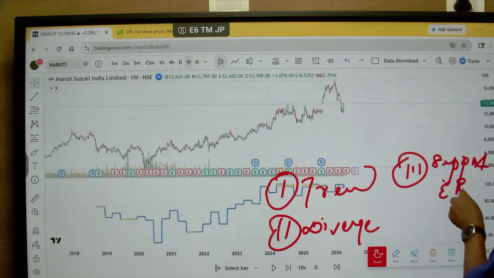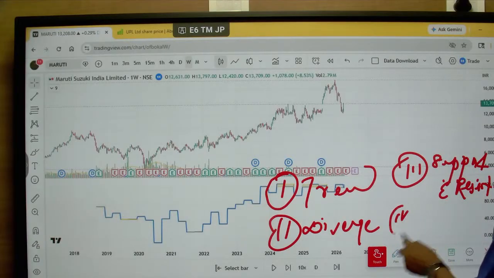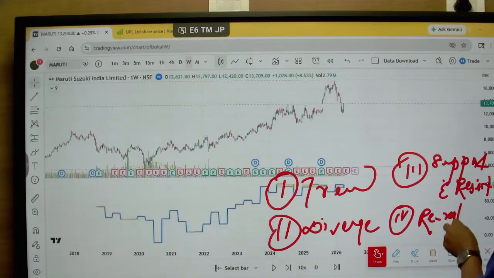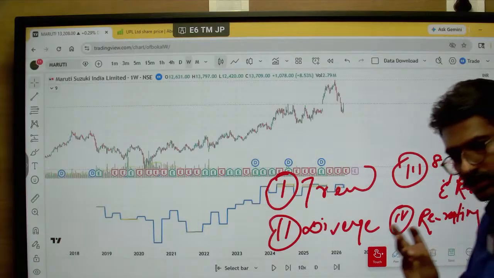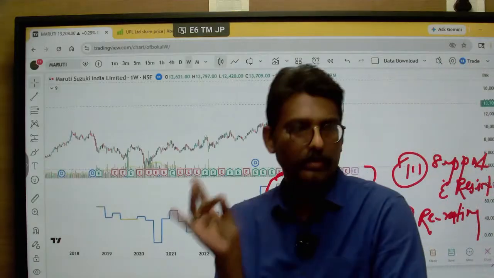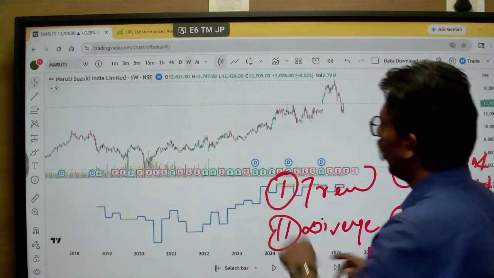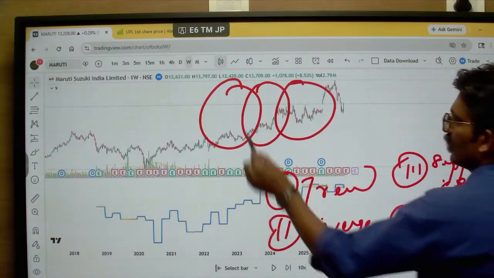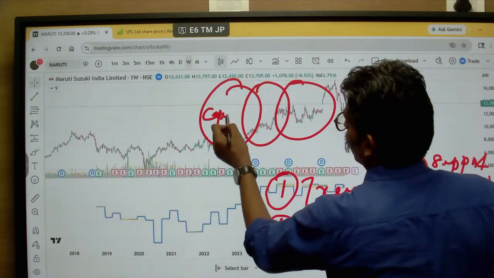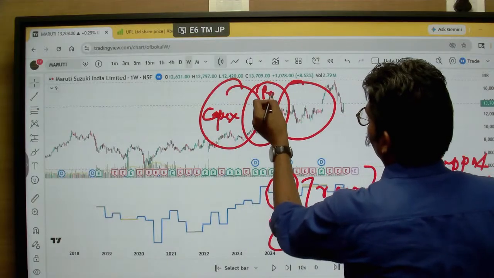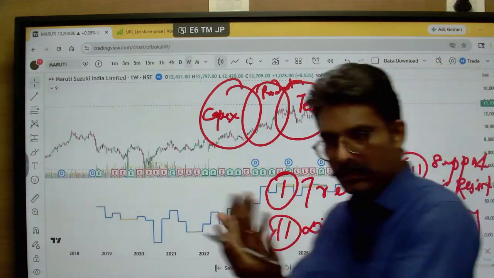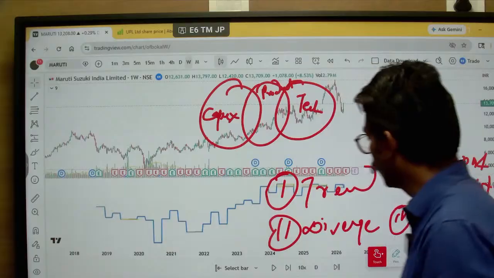These are the 4 things we have studied, and the last thing, and we'll stop here, is the re-rating of the EPS, which is because of the capital expenditure, the product expansion, or the technology, either one of those or a combination of these three, which is capex, product expansion, and technology, either standalone or overlapping, and that leads to re-rating.